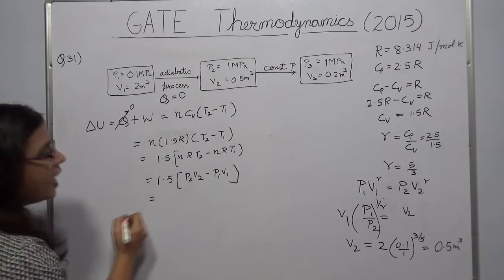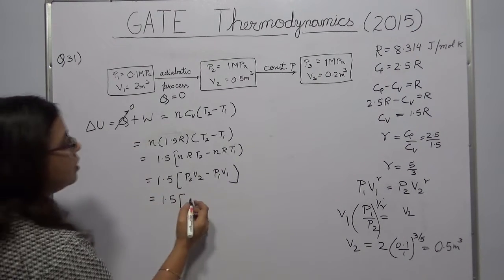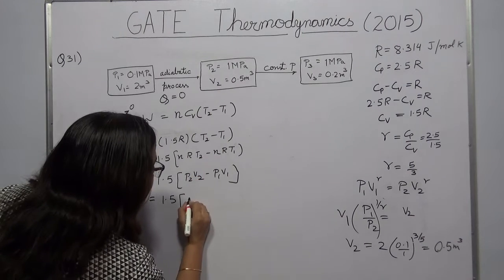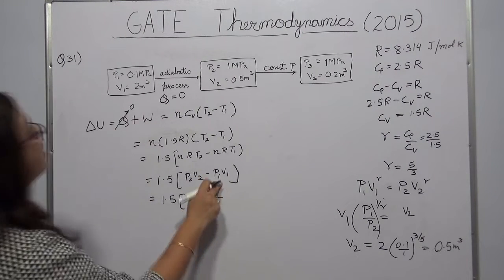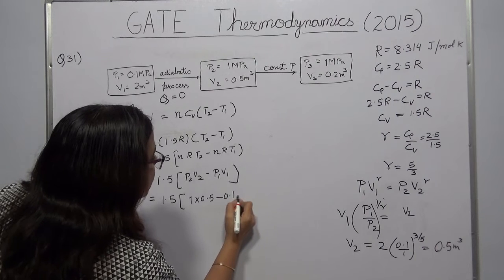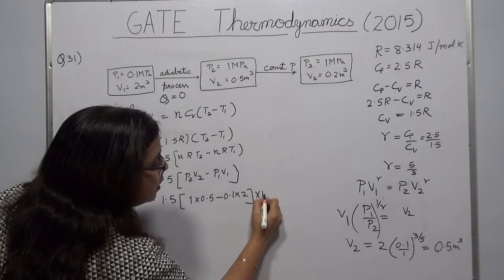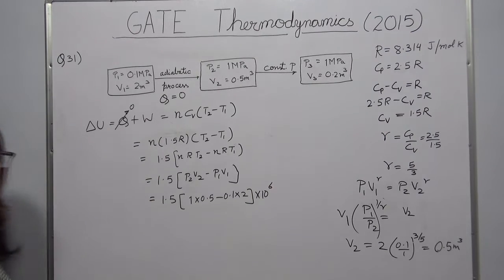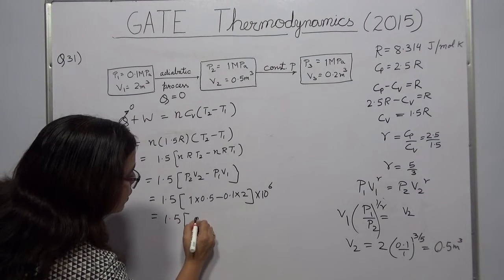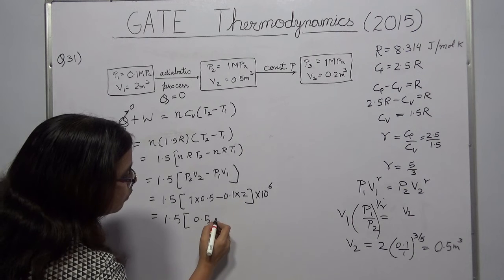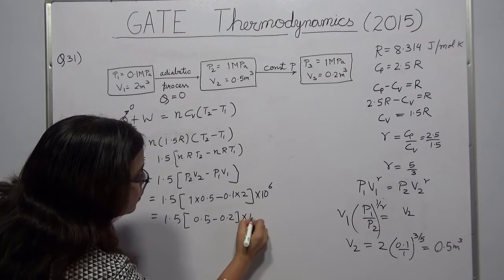So put everything over there. What is P2? That is 1 megapascal into 0.5 minus P1, which is 0.1, multiplied with 2. Since it is megapascal, don't forget to multiply with 10 raised to 6. Simplify this: 1 into 0.5 is 0.5, 0.1 into 2 is 0.2, into 10 raised to 6.